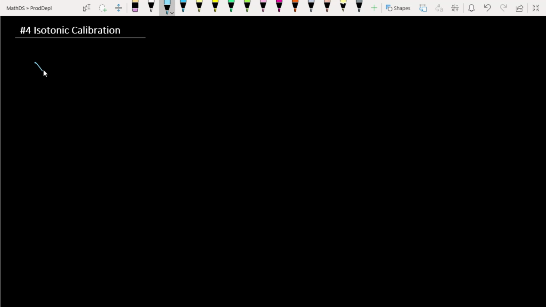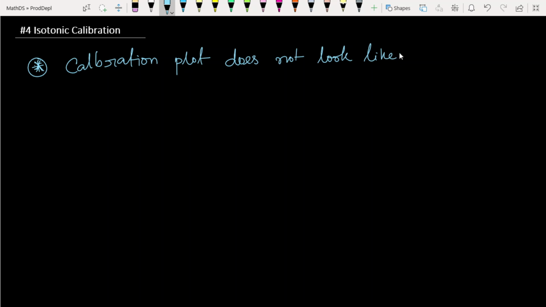The first thing is that we have to apply the isotonic calibration when our calibration plot does not look like a sigmoidal function.